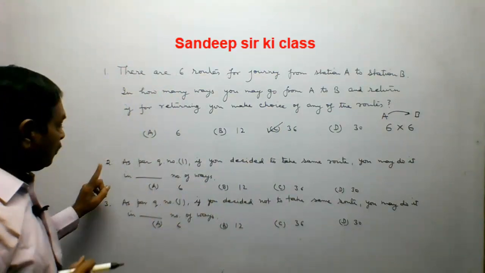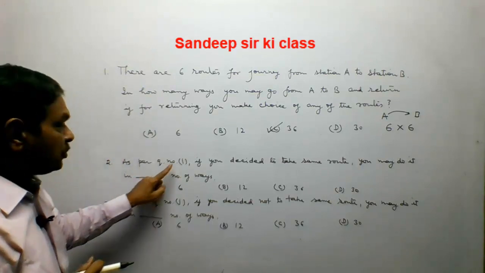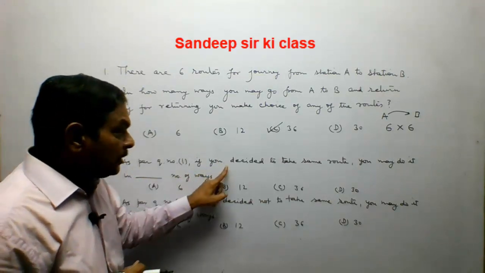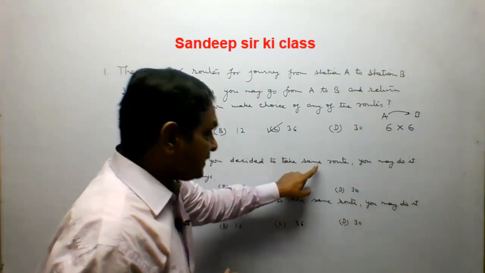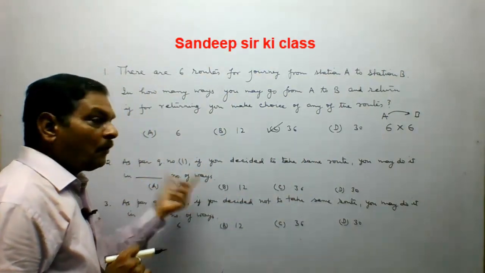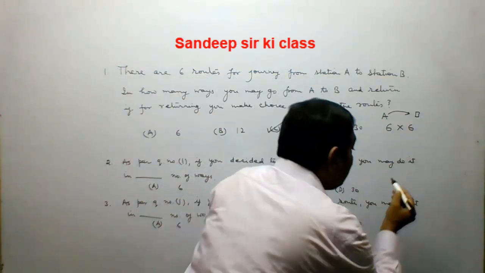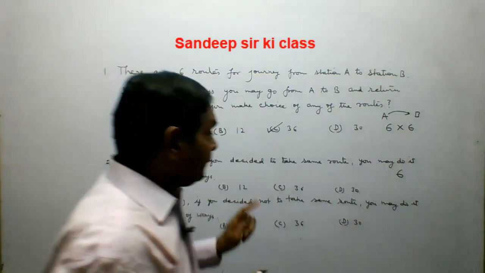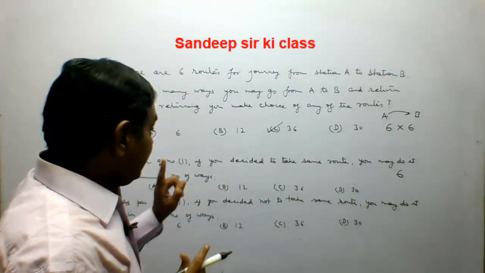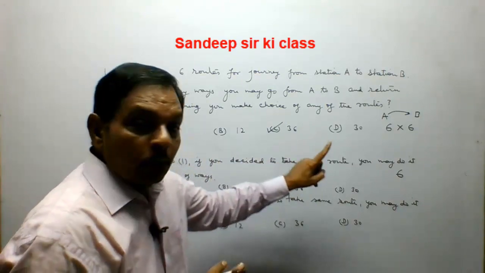Now we see the question number 2. Question number 2 says, as per question number 1, if you decided to take same route, you may do it in dash number of ways. Now, person goes from A to B and 6 routes are there. For returning, the question says that you decided to take same route.